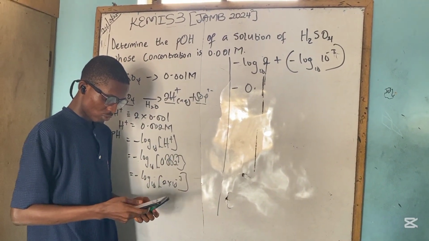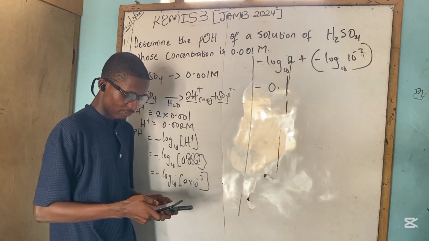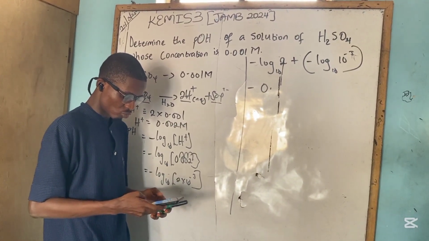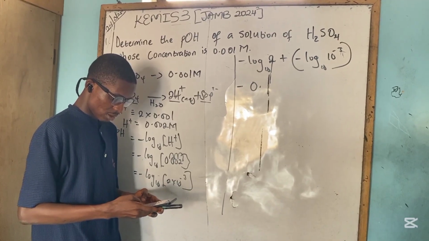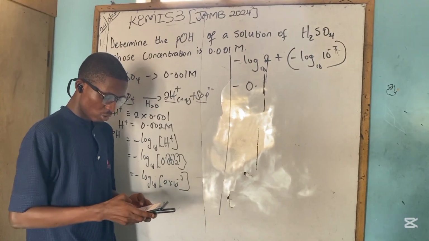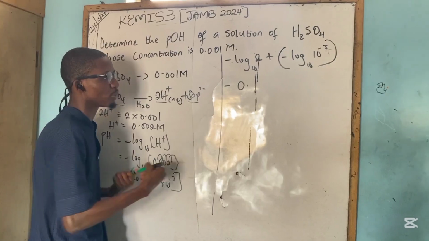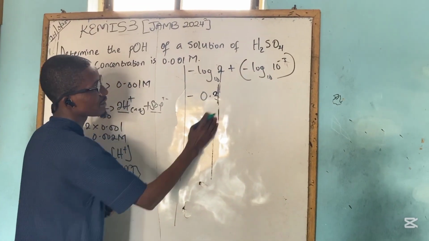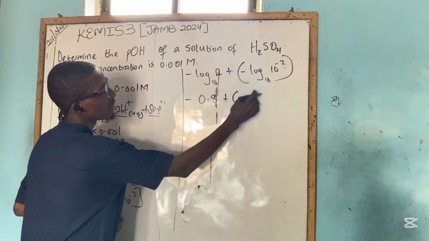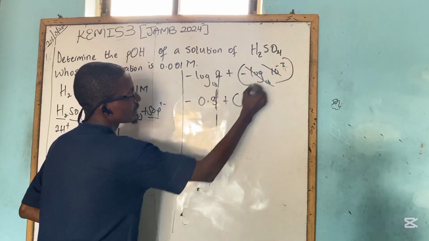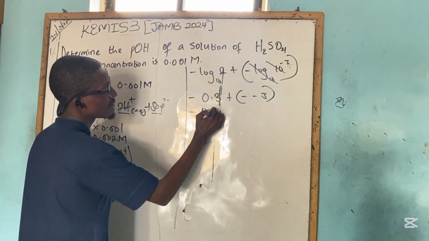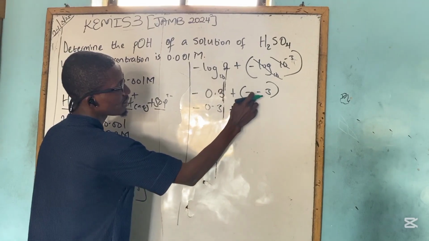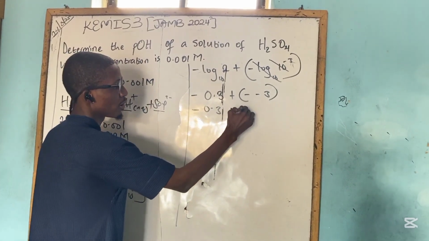Log 2 is giving us 0.3, so minus 0.3 plus open bracket, log 10 cancels 10, you have minus minus 3. So we have minus 0.3 plus, minus times minus comes to plus 3.